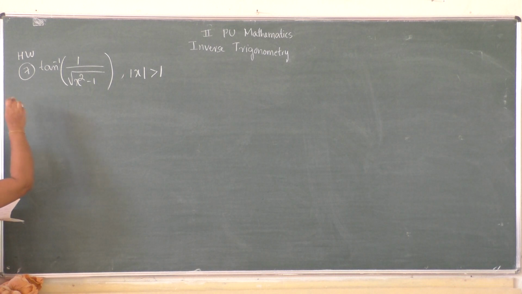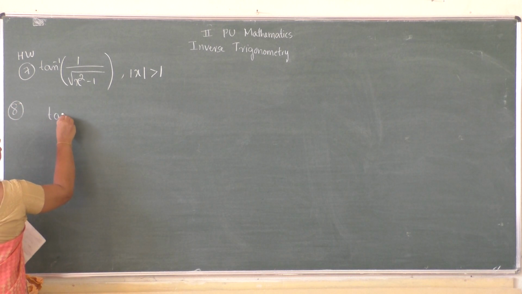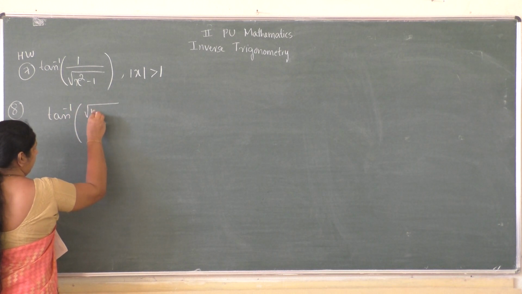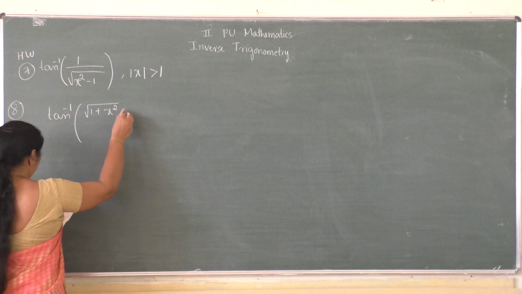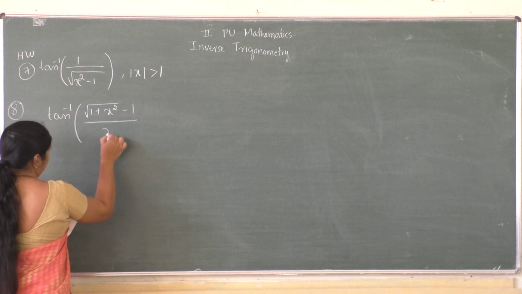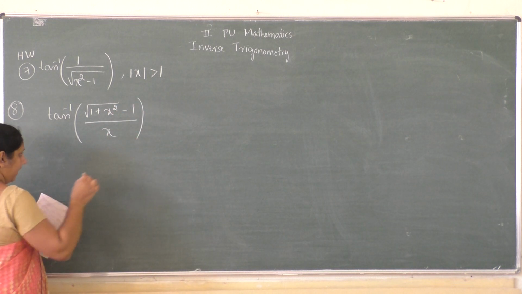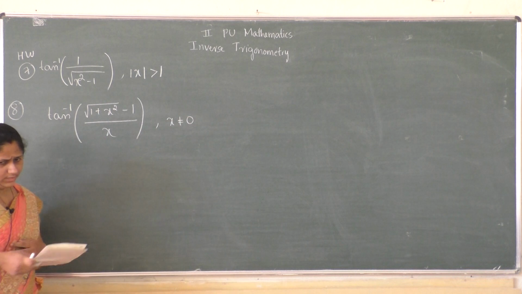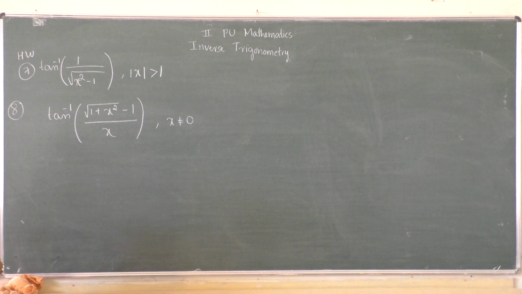So next question, simplify tan inverse of root 1 plus x square minus 1 divided by x, where x not equal to 0. Now see the question, which term do we have?